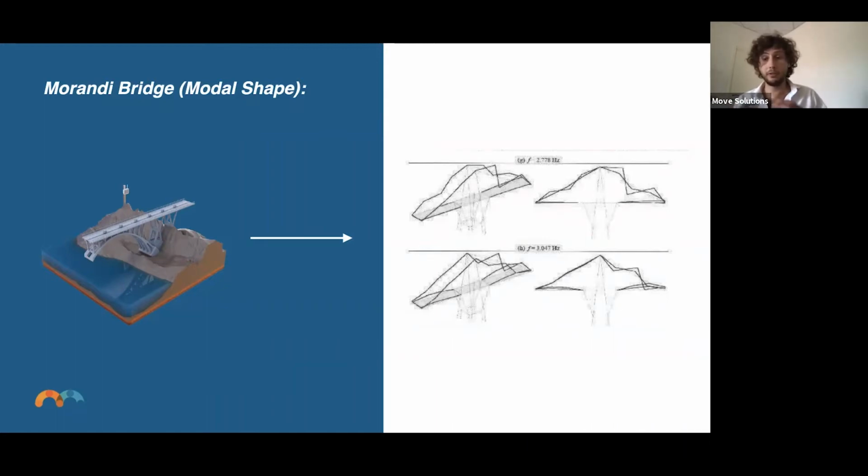For example, they were different from the FEM, the finite element model that they designed. So they had a lot of different things which didn't really match. It was a real red light sign.